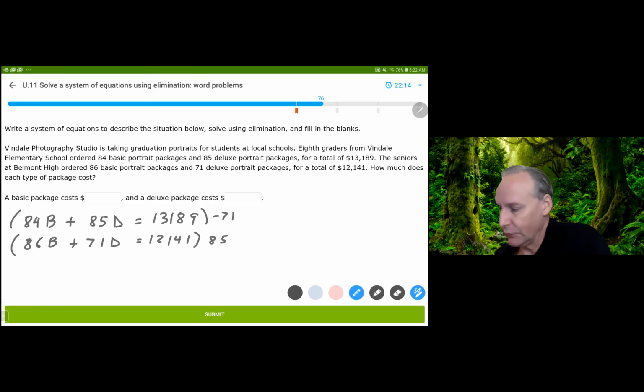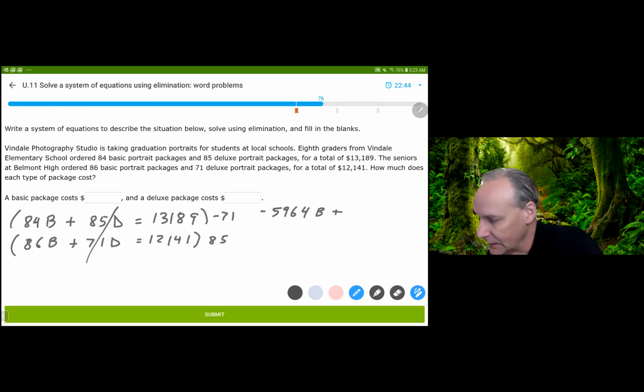So anyway, there we go. So let's do it. I'm not actually going to multiply these. I'm just going to know that they're going to get canceled out. Maybe I better write them. Sorry, 84 times 71. I don't want you to get confused. So I've got 5964, and this is negative basic, plus the 85 times the 71 gives me negative 6035D.